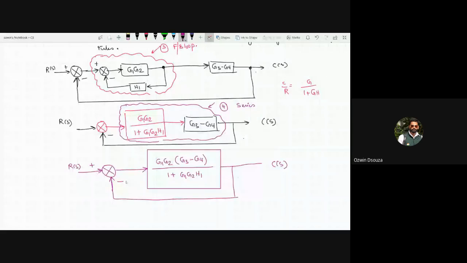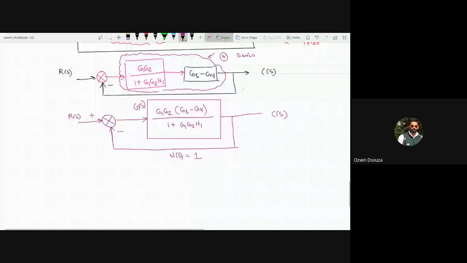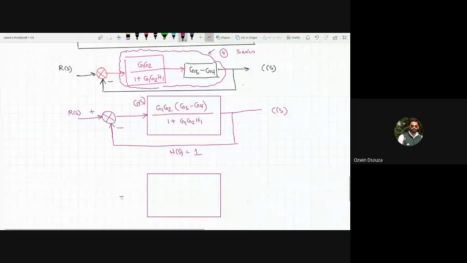So what do you see here? You see a minor feedback loop, right? This is your G of S and this is your H of S. So H of S is 1 over here. So what you can do is reduce this entire block diagram into a single block, consisting of one input signal R of S and one output signal C of S. And what is the overall transfer function?